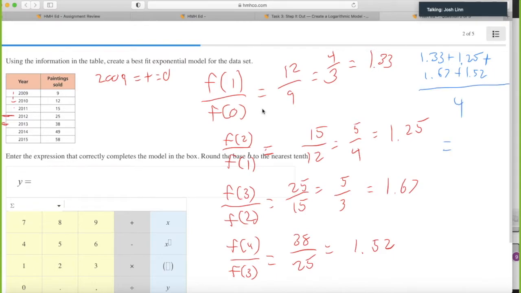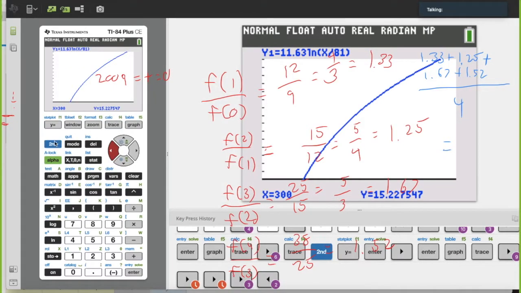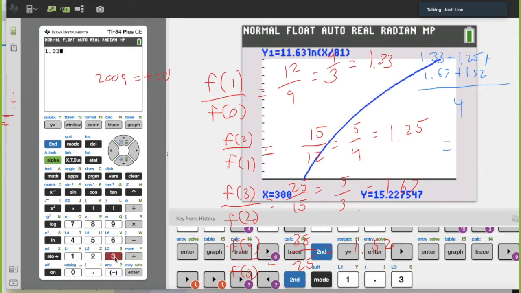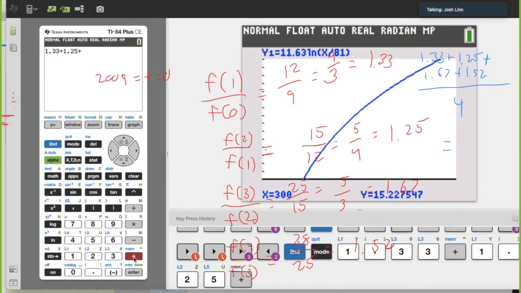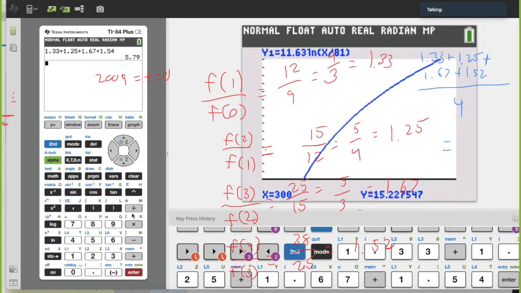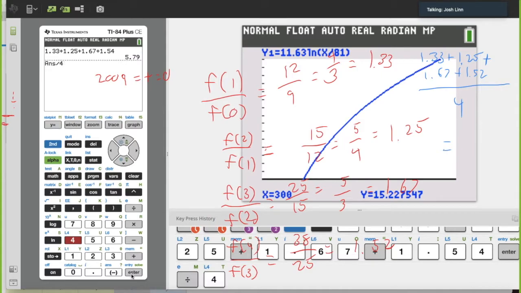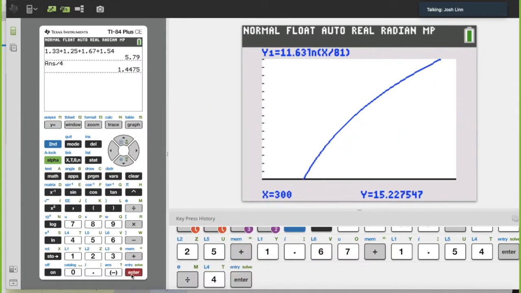So that's going to equal, where's my numbers? 1.33 plus 1.25 plus 1.67 if I want to read correctly, plus 1.54 divided by 4, and our average we're going to call 1.45.